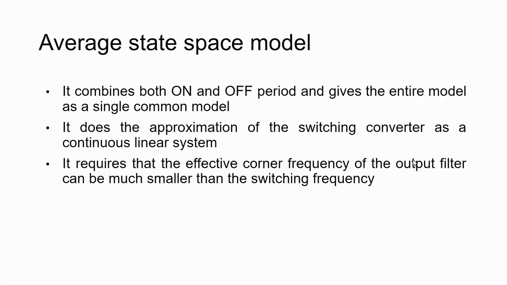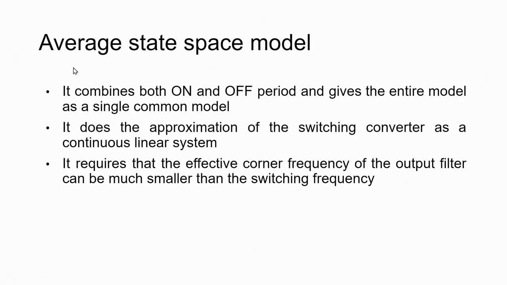Now we have obtained the state equation and the output equation for mode 1 and mode 2 separately. But in order to have the combined state space model, we have to go for the average state space model, which combines both on and the off conditions of the entire model.